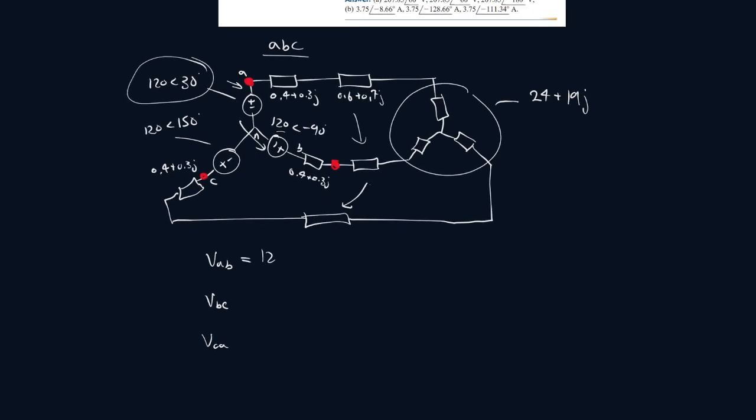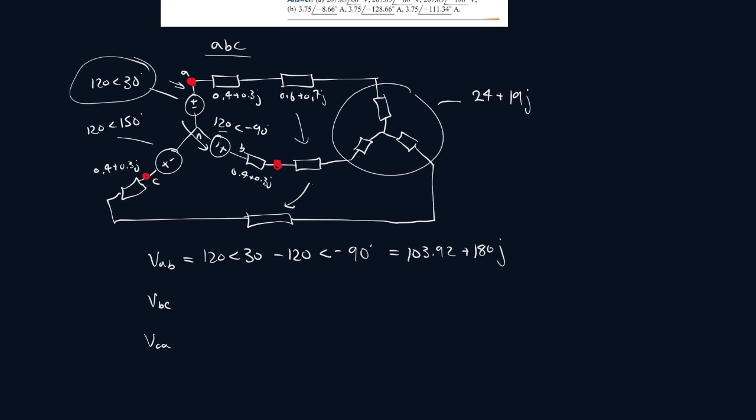So we have 120 phasor 30 degrees minus 120 phasor minus 90 degrees. That gives you 103.92 plus 180j. So we convert these into real and imaginary form. I should have shown that part first.